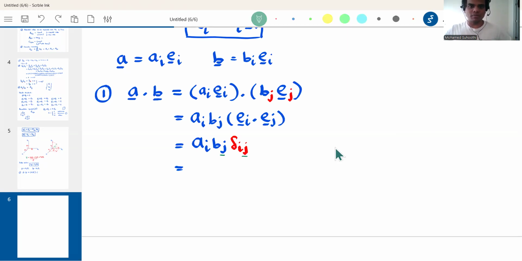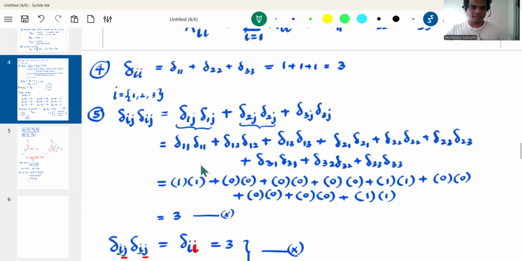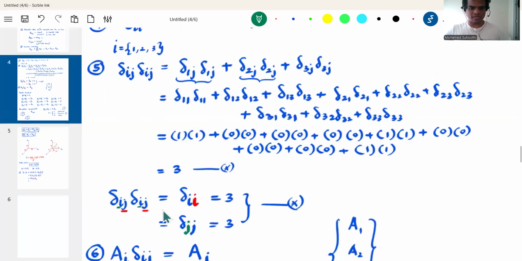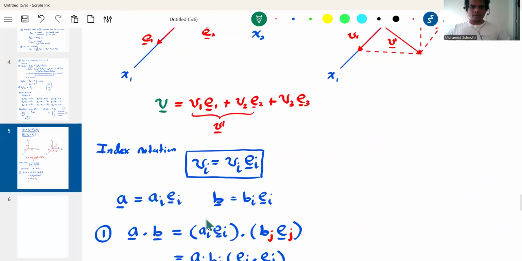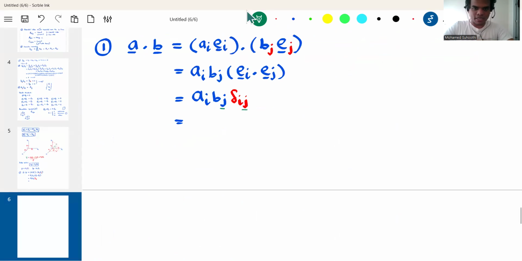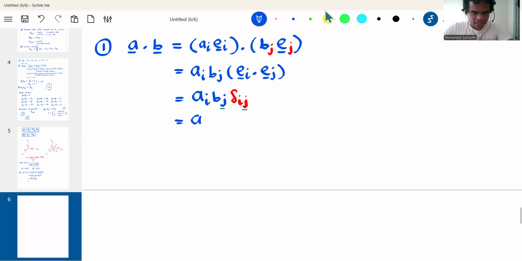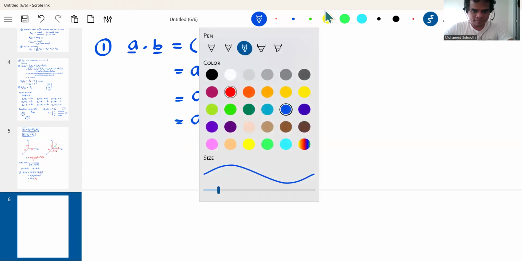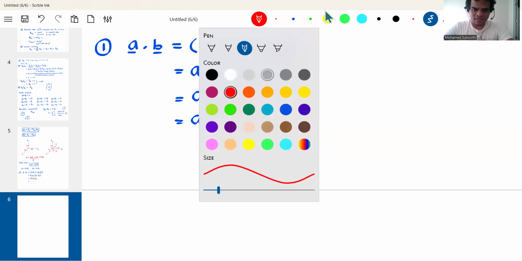So you may remember this property, right? We discussed this property. So I am applying the same property here. If I apply the same property here, now I will get ai. Now bj, instead of j, I have to replace with i, right? Okay. Now this is the final answer, right?